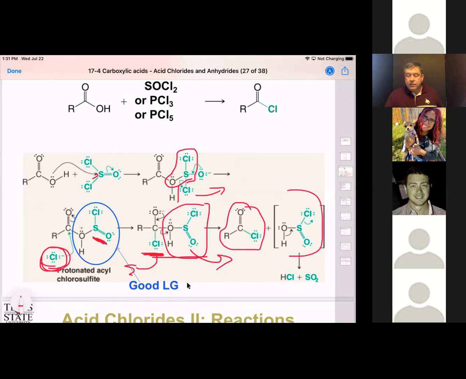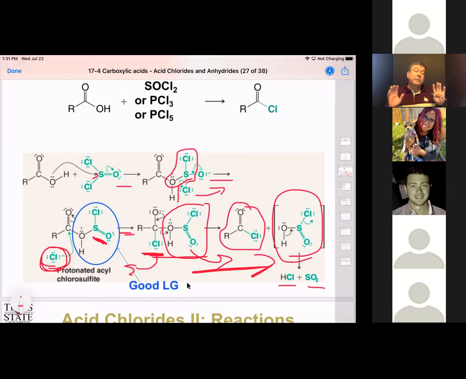And then this compound right here, even though it's neutral, will decompose to generate HCl and SO2, and both of those are liberated as gases, and therefore there is no back reaction. So notice there are no equilibriums right here, although there's technically an equilibrium in these two. Once it gets to this step here, it drives it to completion. All right, any questions on that?